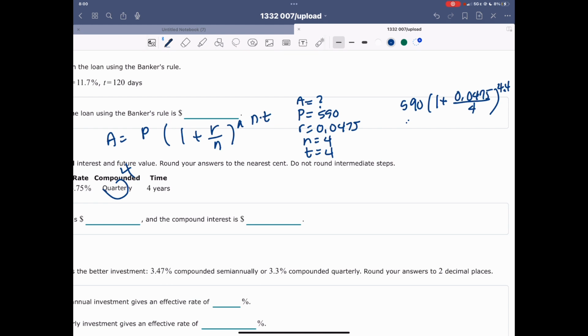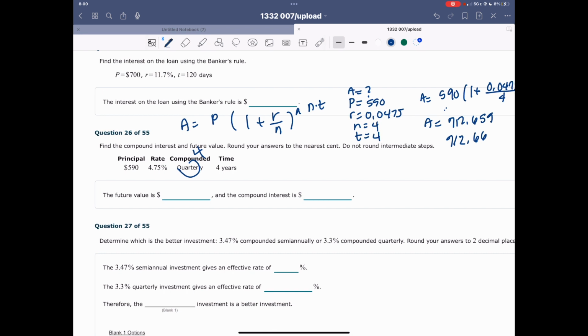And that is going to be raised to 4 times 4. So your answer is, remember this was A equals 712.659. So it's 712.66. So that's the future value.